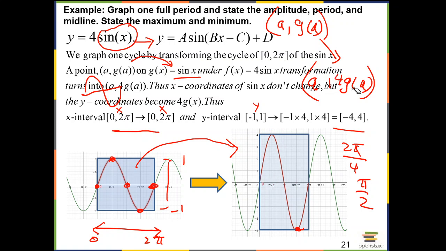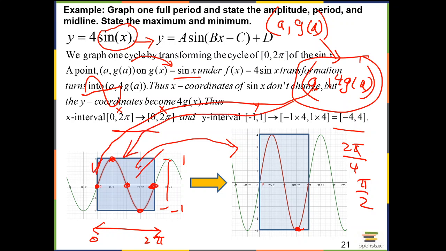All right, but you can use this transformation and apply it to every point here, and just transform them to these new points. This one, that one, that one, this one, and this one.